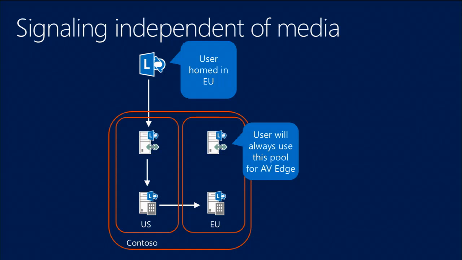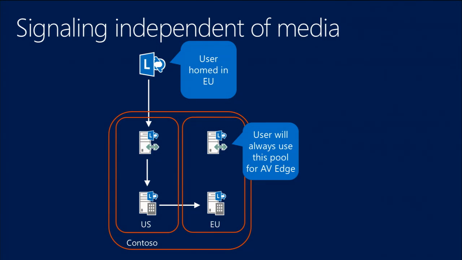So when I deploy the EU front-end pool, one of the things we do in Topology Builder is there's a little checkbox that says associated edge pool for media. You'll tick that and there'll be a little drop down and you can pick which edge pool you want. That's creating what we call an MRAS, a Media Relay Authentication Service, association between the edge pool and the front end pool.